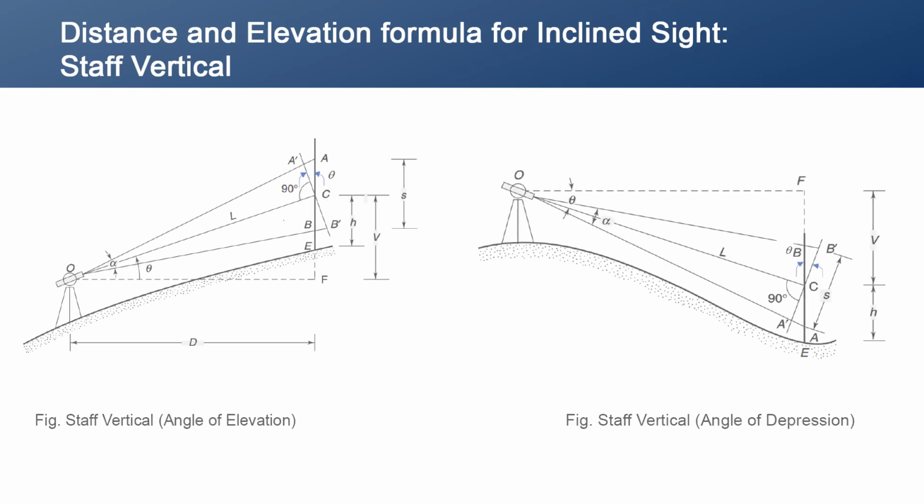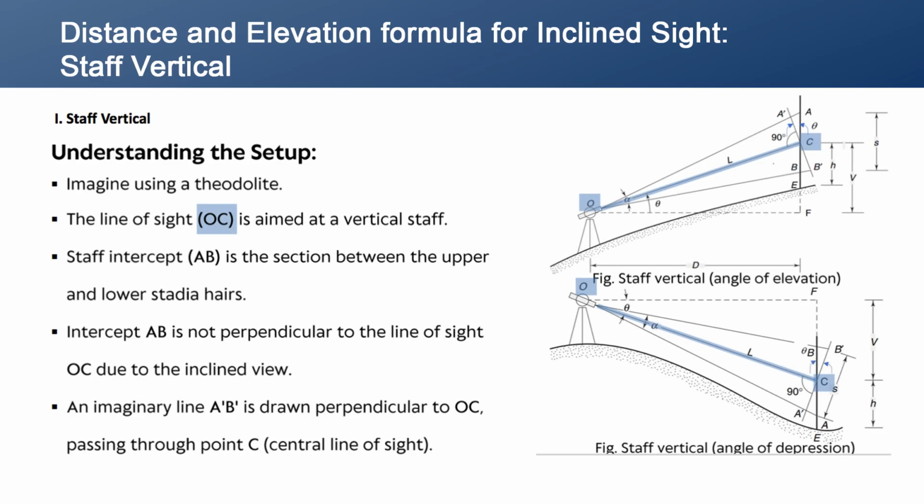So, let us start with the determination of distance and elevation formula for inclined sides with staff held vertical first. There are two figures shown for you, one at the angle of elevation and another at the angle of depression. Let us understand the setup first. Imagine you are using a theodolite or a similar surveying instrument.